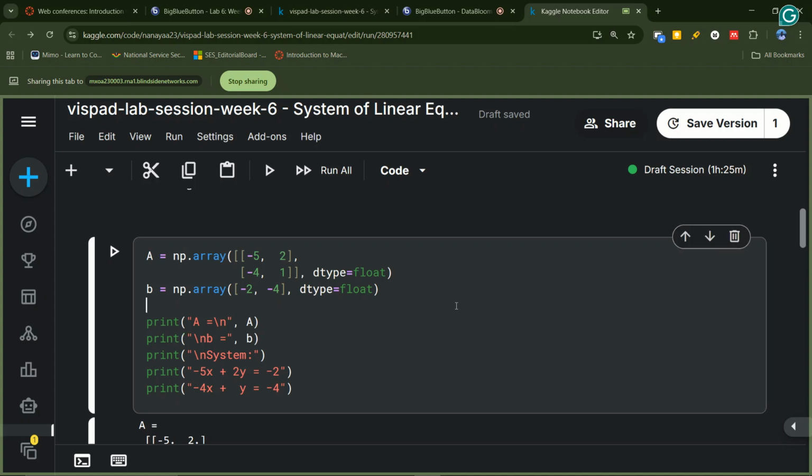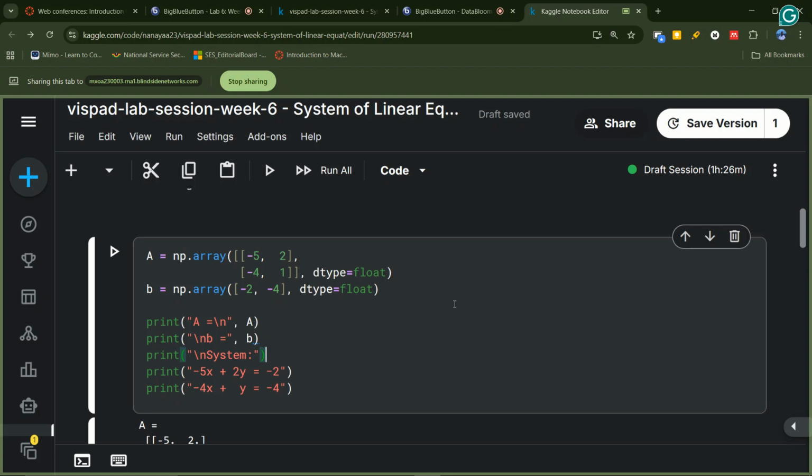So this is some simple code. A is that matrix, meaning if we write A as [-5, 2], [-4, 1]. And remember, I've been saying a matrix is a list of lists. We've been looking at a matrix in terms of rows, one row getting stacked upon the other, where position really matters.